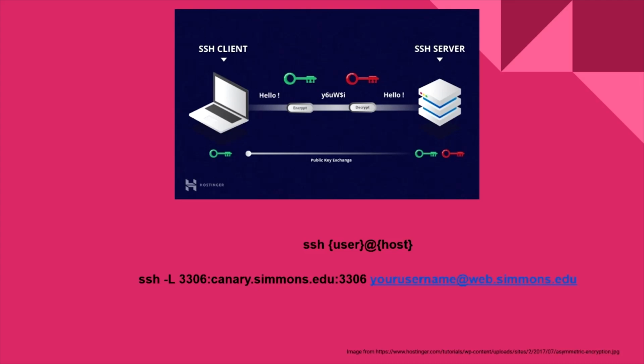Whenever you SSH, it's typically in this format: SSH user segment, so your username at the host. And so if you ignore this -L in canary line, you will see this layout. So SSH and then your username at, and the host is web.siemens.edu.